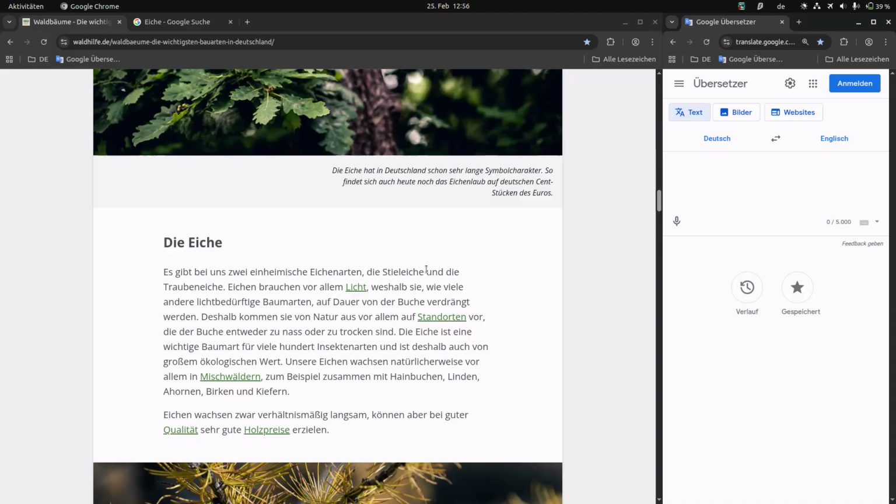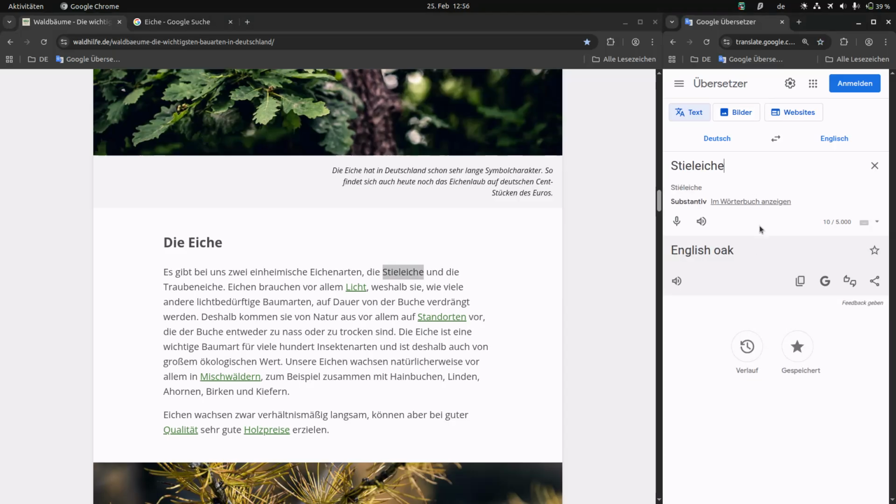So, die Stieleiche und die Traubeneiche. The Stieleiche translates to English oak, and the Traubeneiche, die Eiche is of course feminine, is the grape oak basically. Traube means grape. In English it's called sessile oak or something.